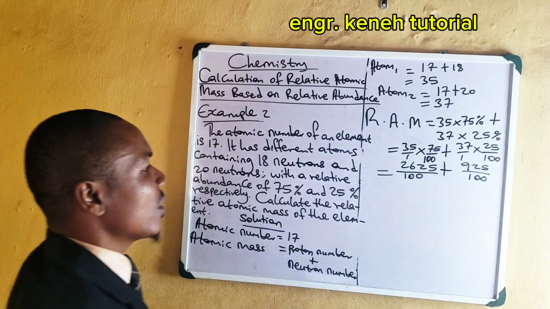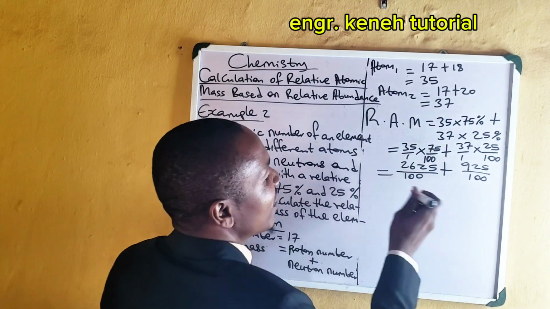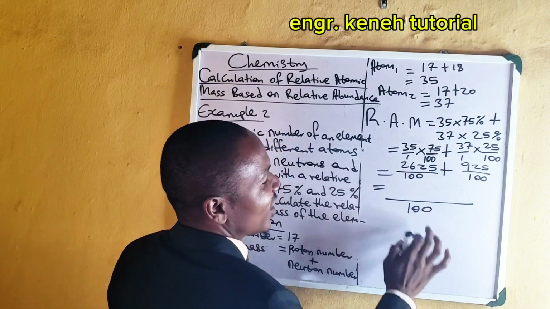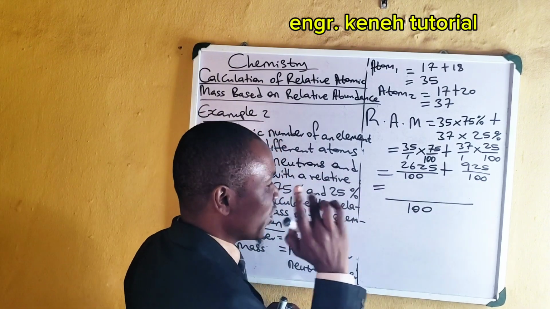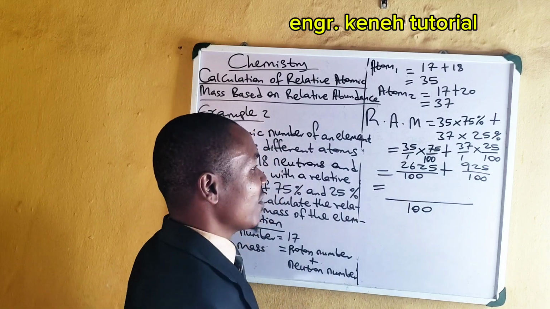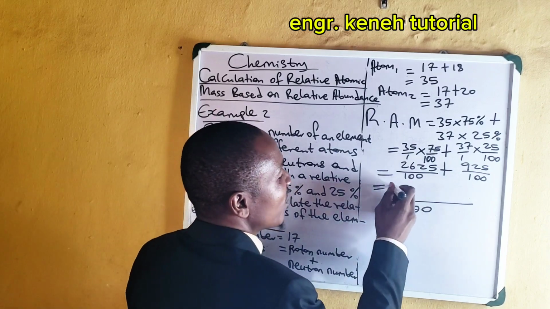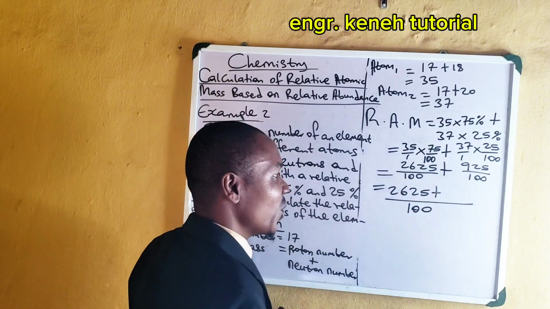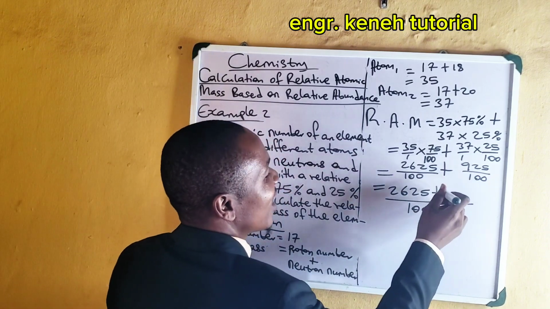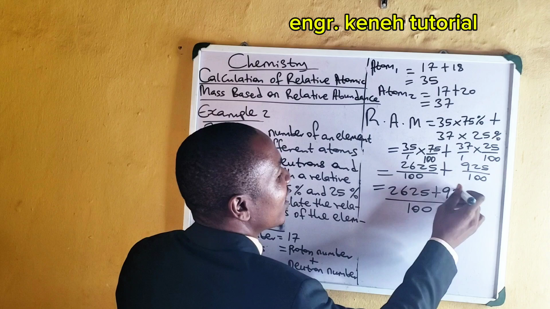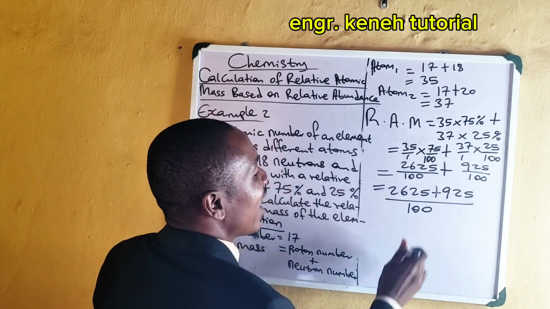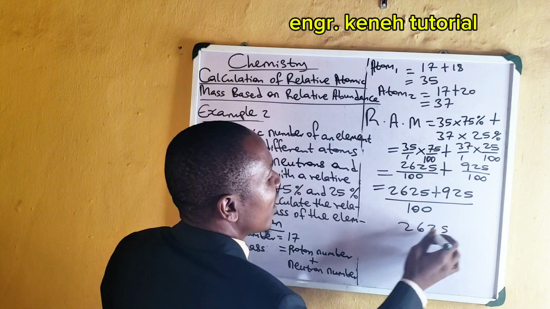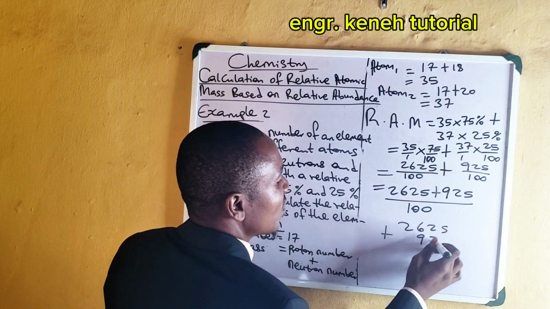All right, so here now, notice that we have this. The LCM of this will give us 100. Can you see that? When 100 divides 100, it will give me 1 times 2,625. It will give me 2,625. When 100 divides 100, it will give me 1 times 925. It will give me 925. So I will add the numerators. So I have 2,625 plus 925 like this.